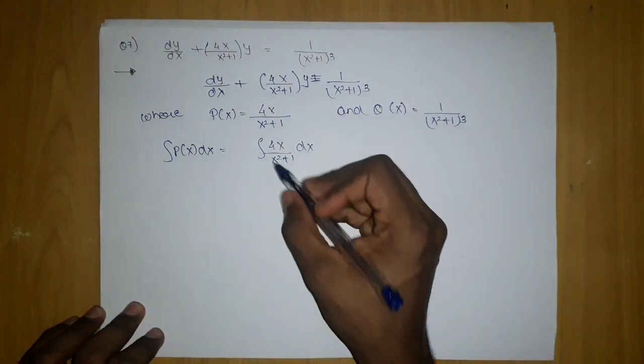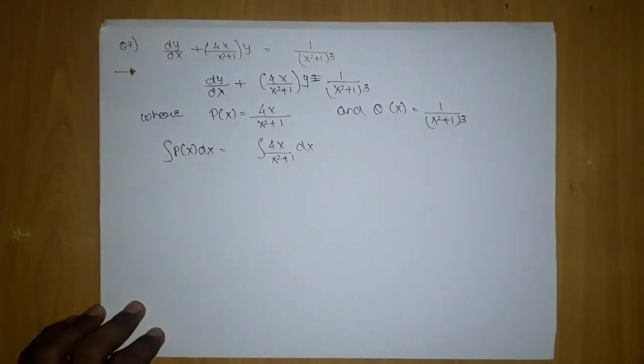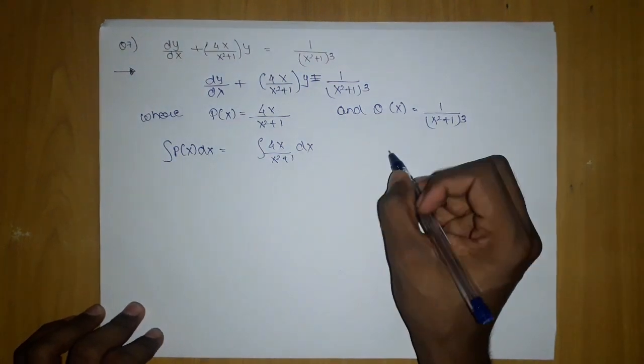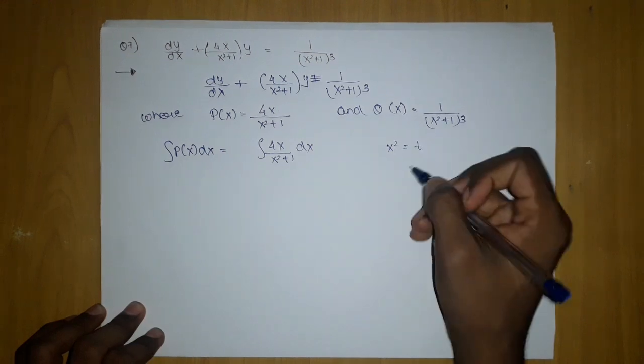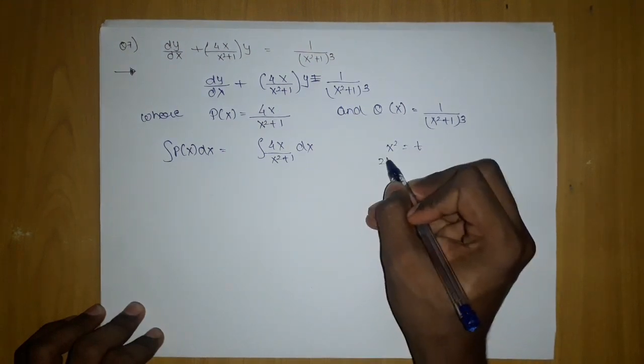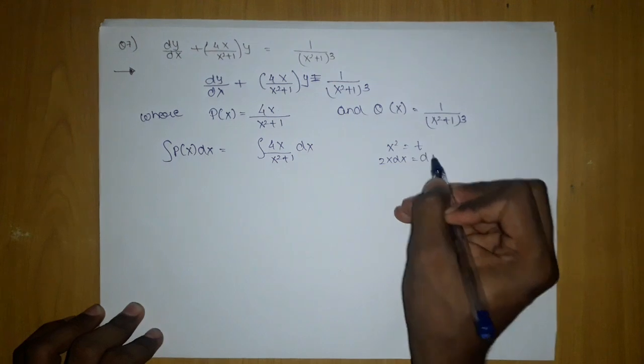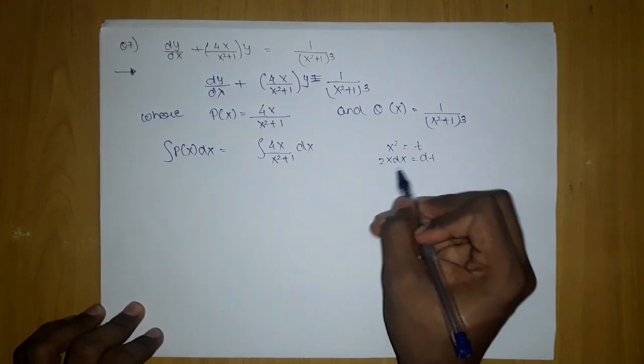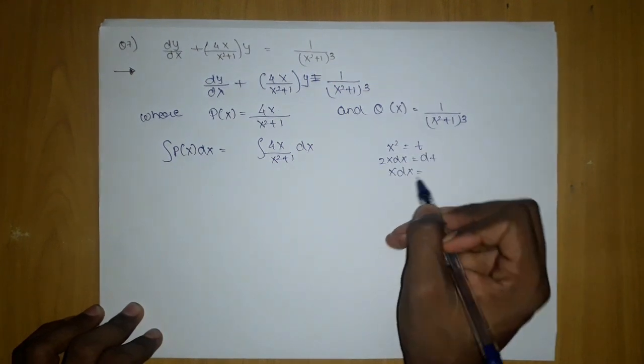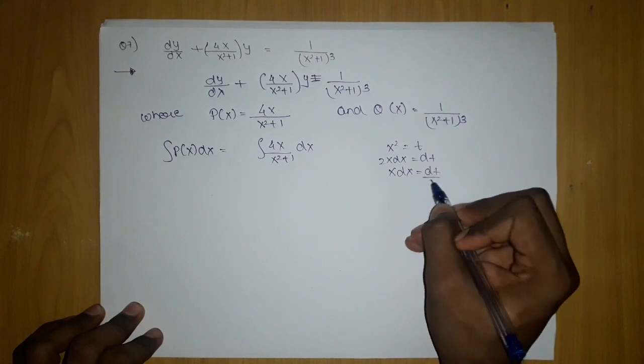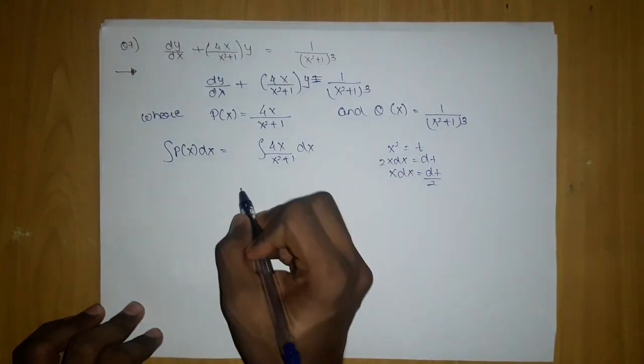Now its integration will be what? You cannot directly do its integration. You have to follow the steps. What are the steps? Take x square is equals to t, then if you differentiate it, 2x dx is equals to dt. Now you can write x dx, which is the required thing, as dt by 2. The moment you write that, what you are going to get?